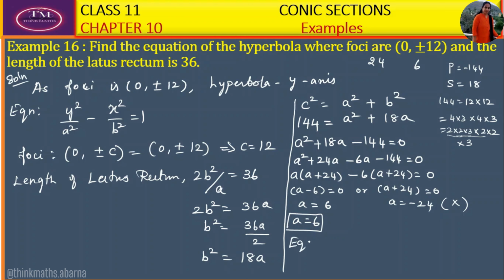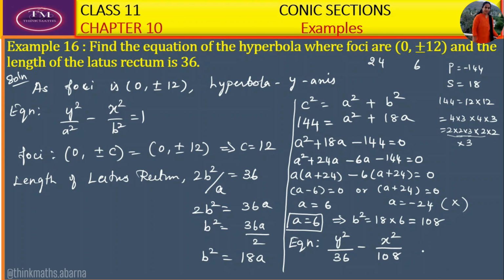Therefore, what will be equation? Equation is y square by a square. So a square is 36 minus x square by b square. What is b square? b square is 18a. So this implies b square equal to 18 into 6. 18 into 6 is 108.